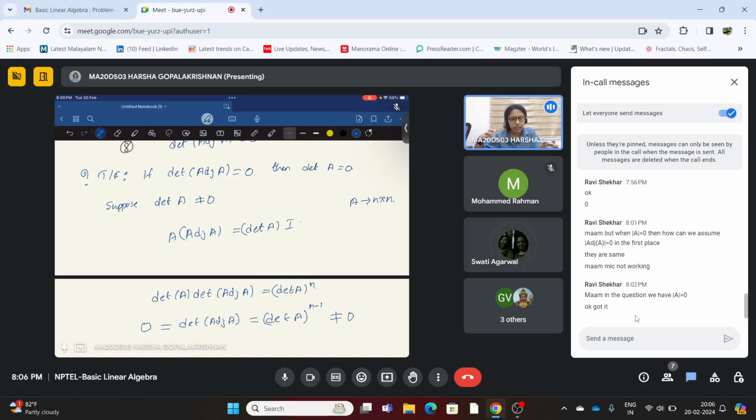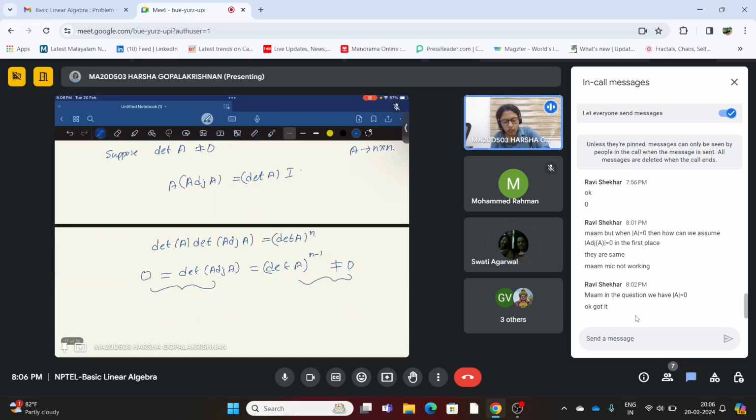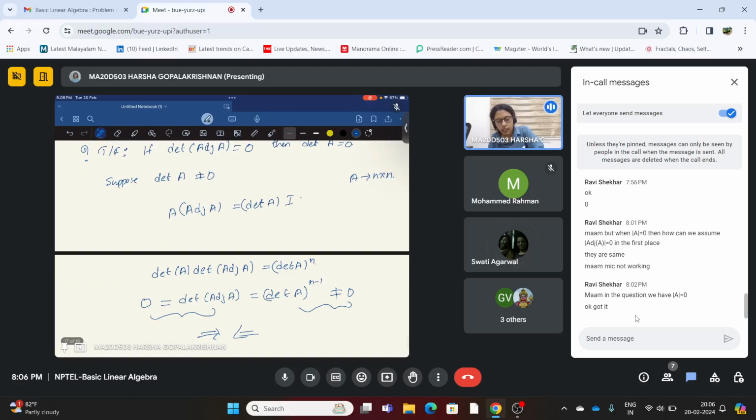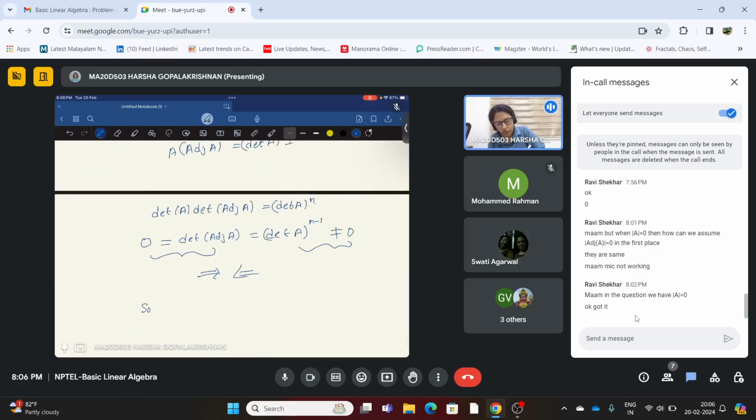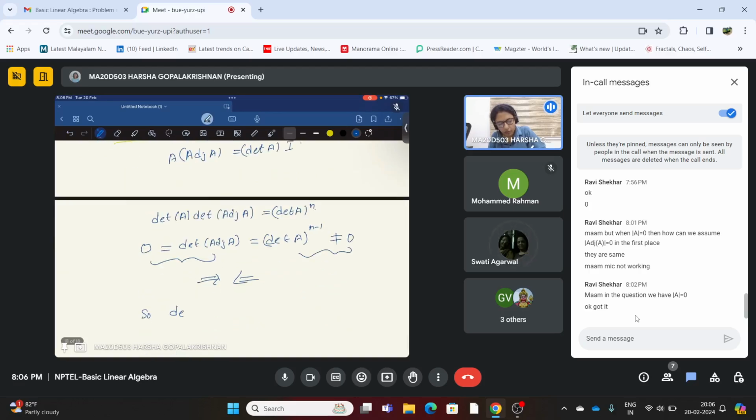From the given condition, determinant of adjoint of A is 0, but since we assumed determinant of A is not 0, we get it is not 0. So we are reaching a contradiction, which means the assumption is wrong. So the statement is again true: determinant of A should be equal to 0.